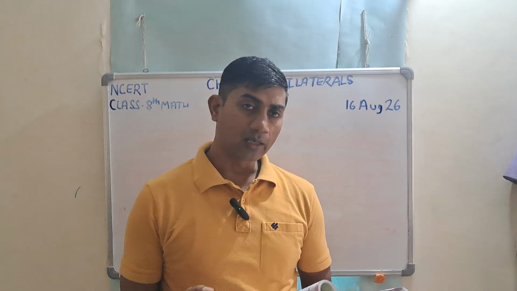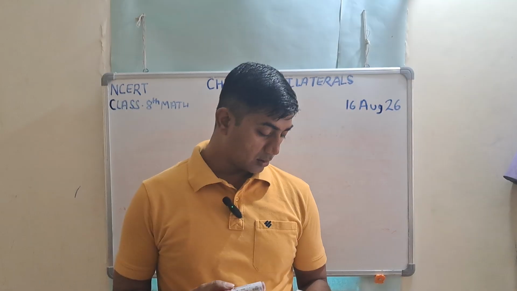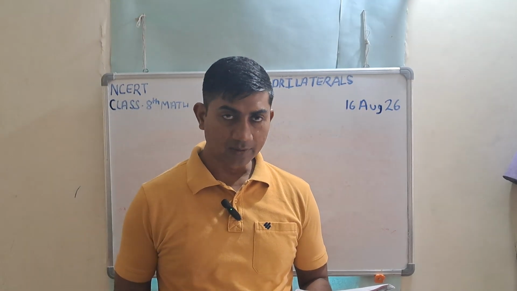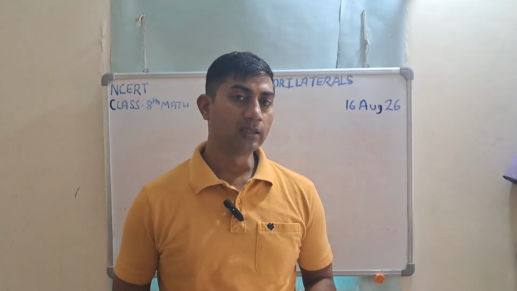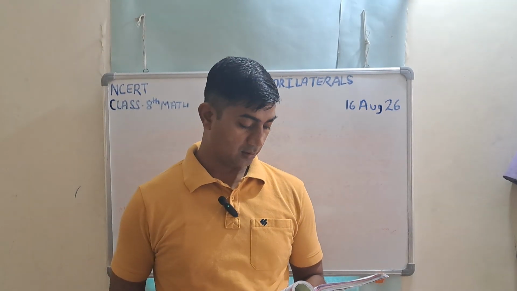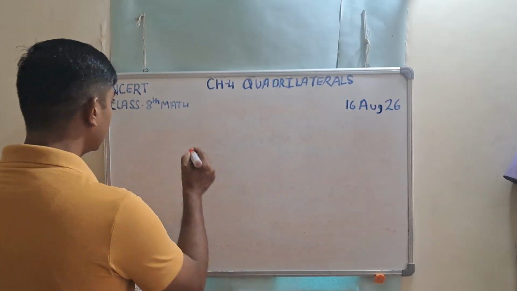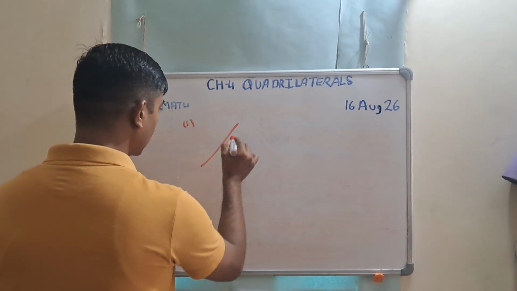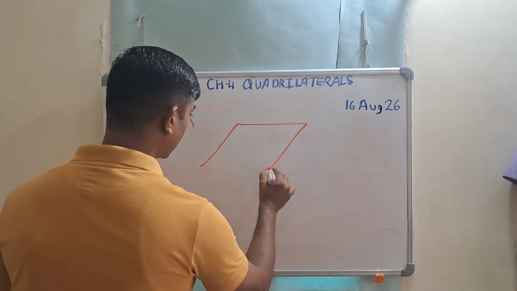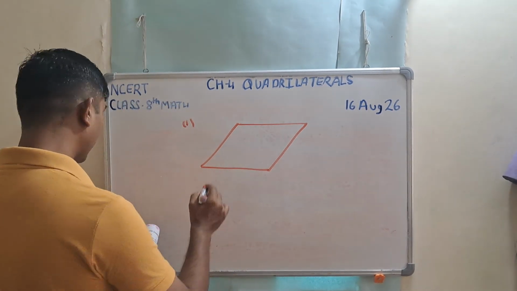In a quadrilateral they are giving you some directions. That direction we will understand, how they have given the direction, and they are asking to find out the other angles. So we will see, this is figure number 1.